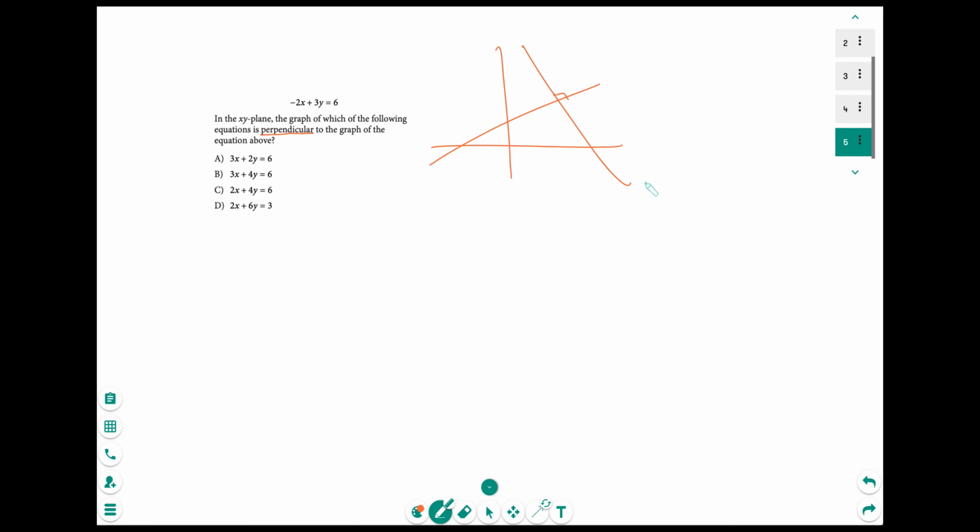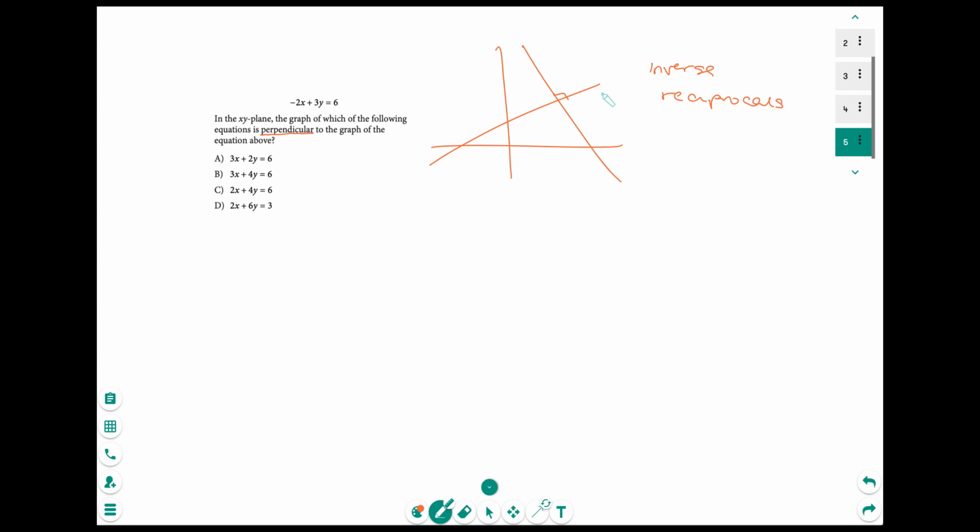So there's a special rule that you need to remember in the case of perpendicular lines graphed in the xy plane, and that is perpendicular lines have gradients or slopes that are inverse reciprocals. Got that? Inverse reciprocals.